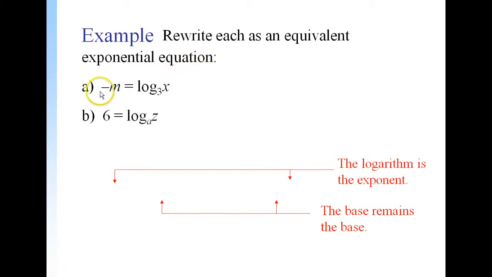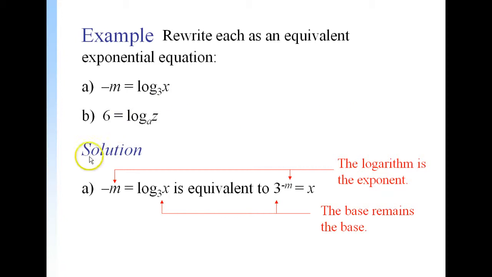Now for A, there is our equation. We'll get to B in a moment. So what we have then is for base 3, there's our base 3. Our answer is x, and our exponent is a negative m.